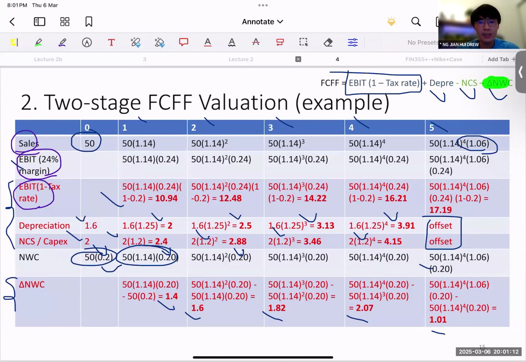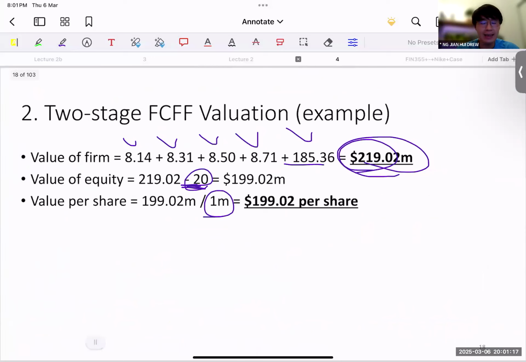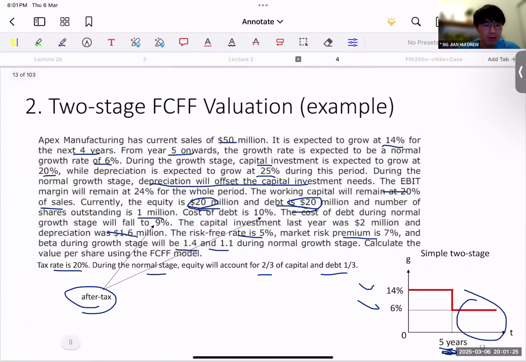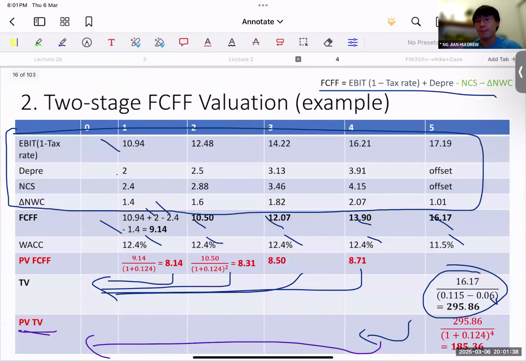Yeah. So for this case, we do not add the cash. You're right. Because there's no statement of cash in this question. And there are also multiple formulas on how we calculate the value of the firm. In this question, there's no cash, which is why we didn't mention it.